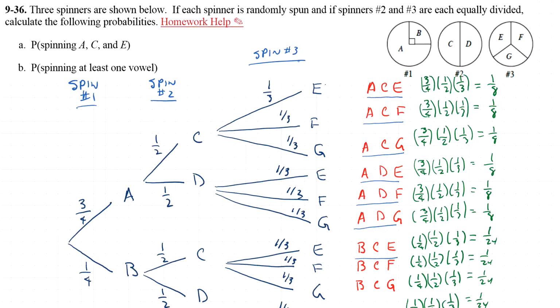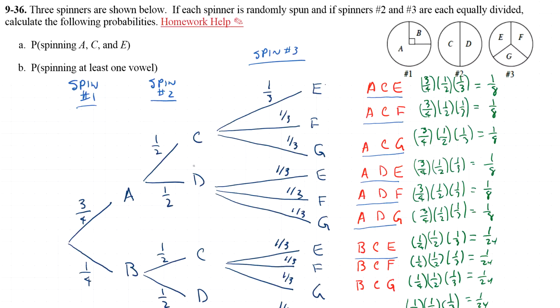So remember, as you start, if we spin the first spinner, what are our options? We could have A or B, and the probability of A is 3/4 and the probability of B is 1/4. Then we spin the second spinner, and what are our probabilities?